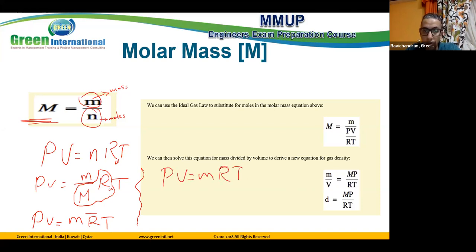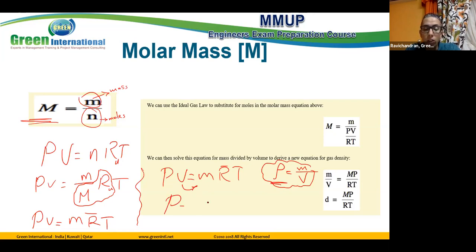Correct? R dash. So what is the definition of density? Density rho is equal to mass divided by volume. So if I put the volume on the other side, we obtain mass divided by volume, which is equivalent for this equation. We can replace mass over volume from here with density.